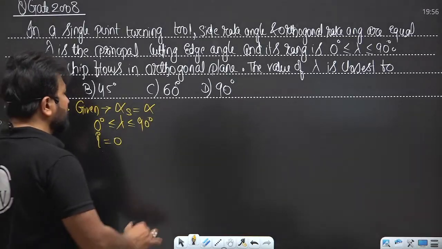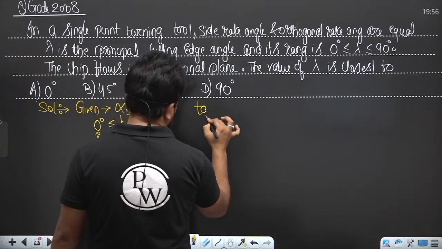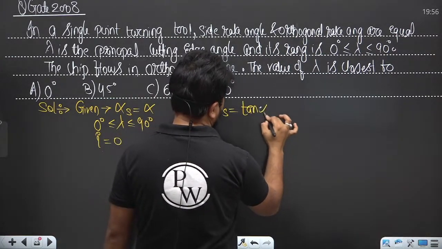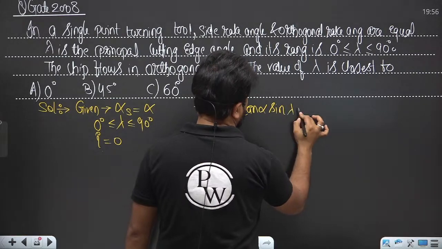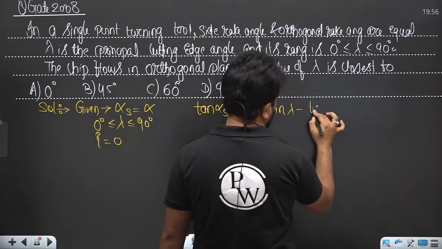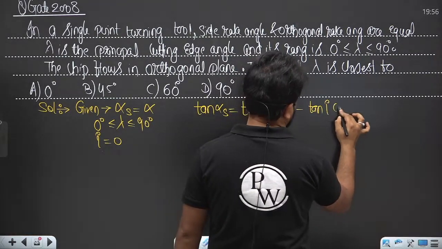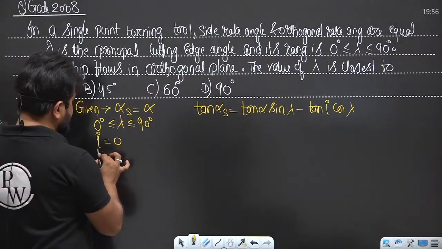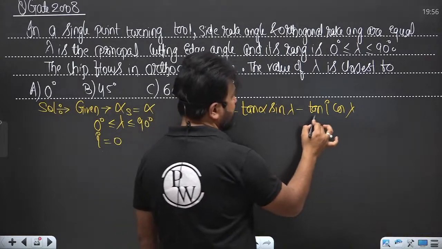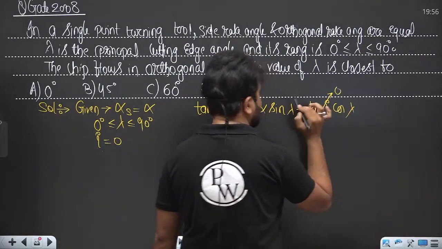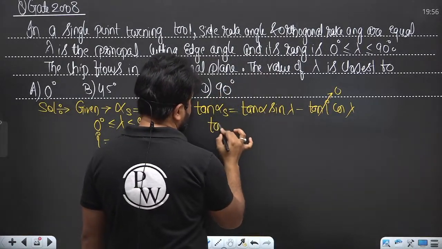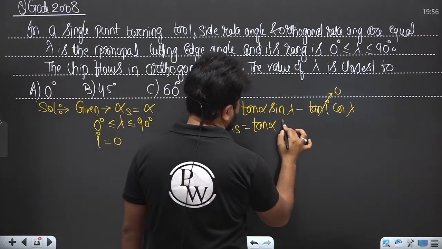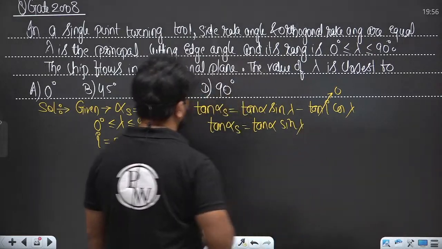So tan alpha equals tan alpha sin lambda minus tan I cos lambda. Here I equals 0, and tan alpha equals tan alpha sin lambda.